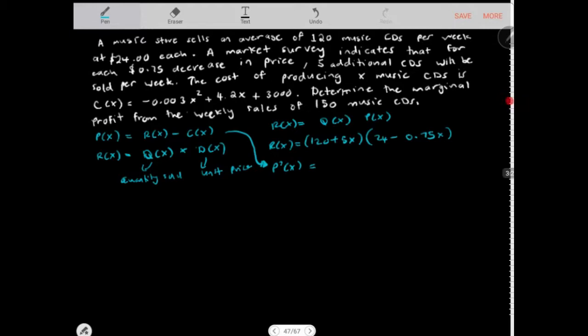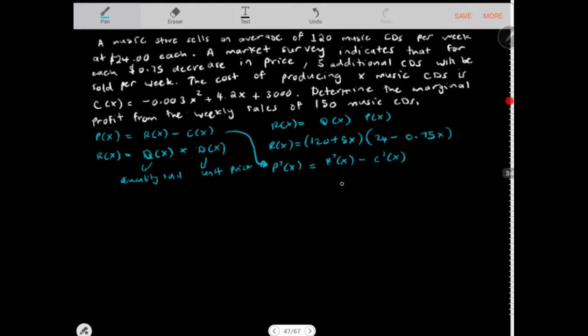It is the derivative of the revenue function, also known as marginal revenue, minus the derivative of the cost function, also known as marginal cost. So this is the revenue per unit of good produced and sold, and this is the cost per unit of good produced.